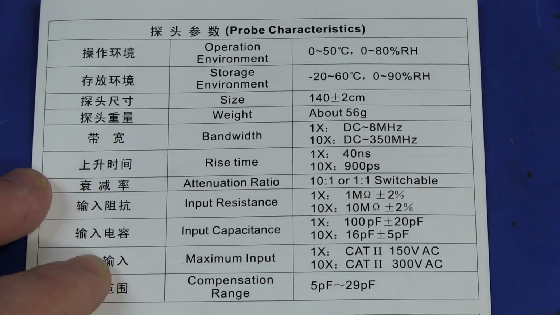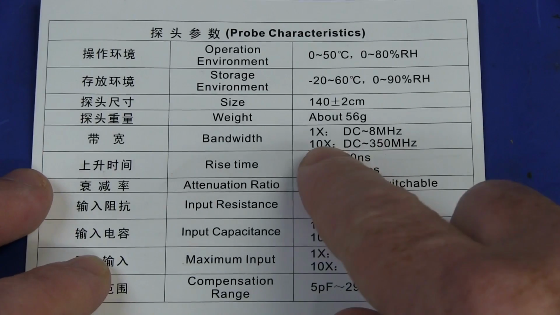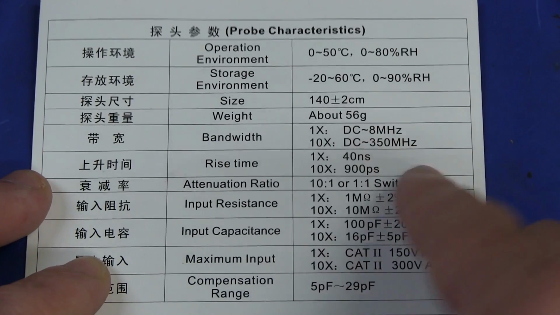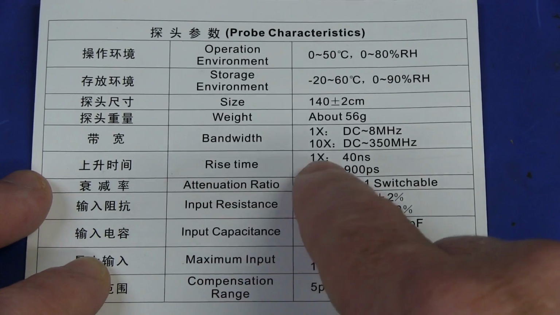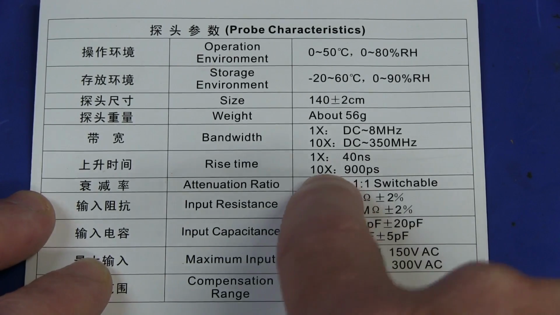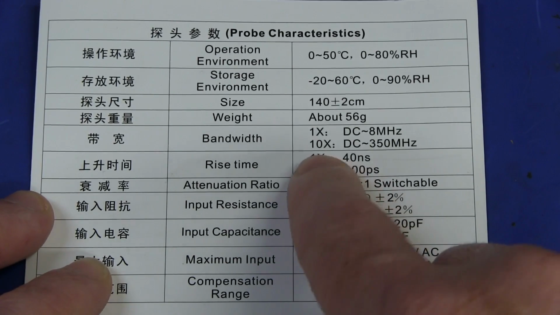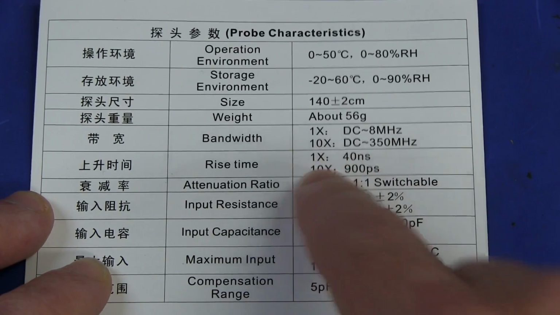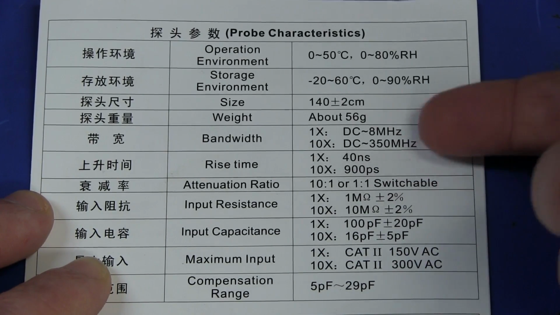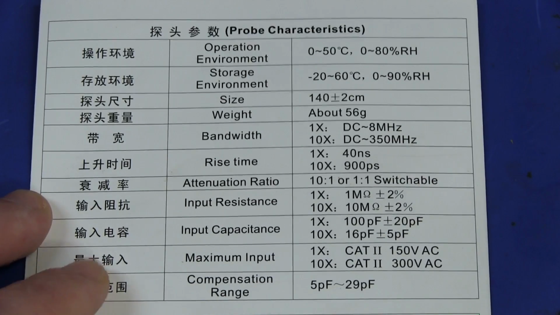You bought this wonderful 200 megahertz bandwidth scope and you switch it to ×1 and it's just garbage. Why? Well, we're going to find out. And because of that, of course, the rise time, big difference: 900 picoseconds for ×10 and 40 nanoseconds for ×1. Huge difference, but that's not surprising considering the relative bandwidth difference there.